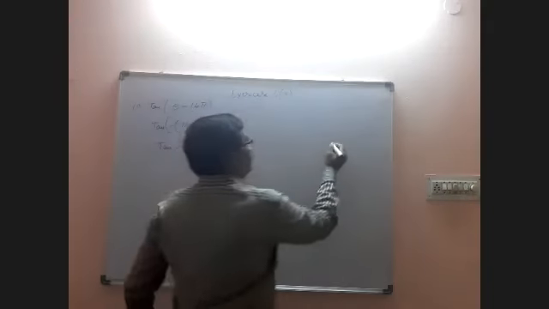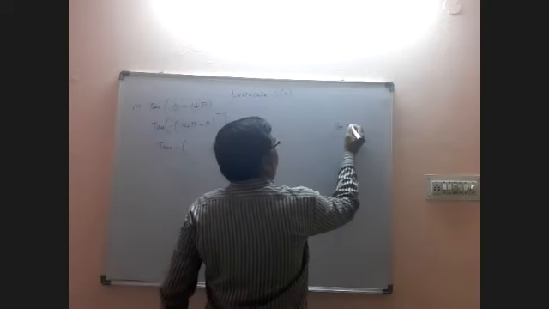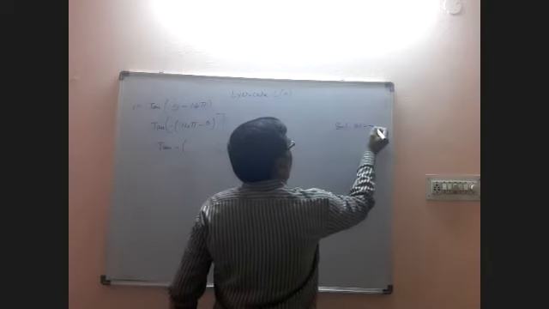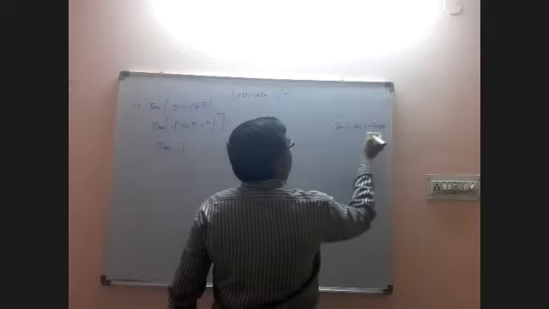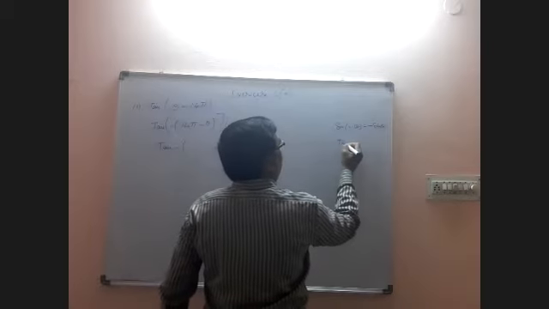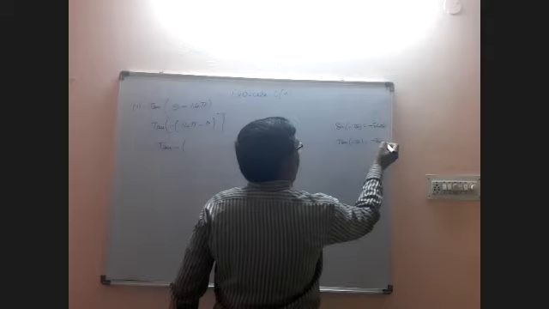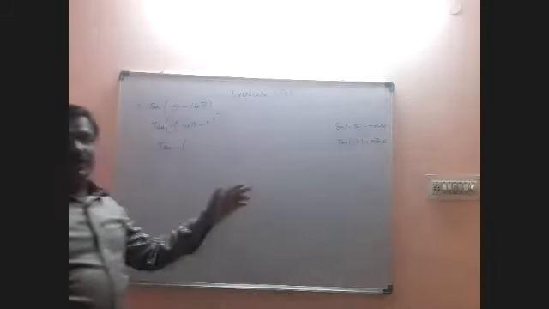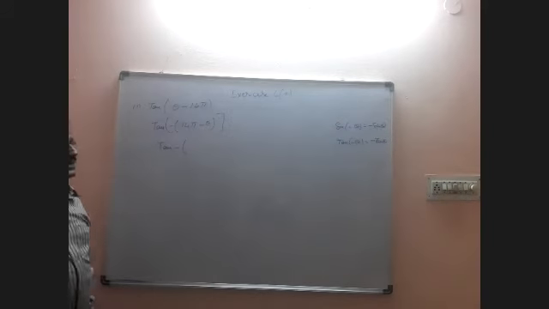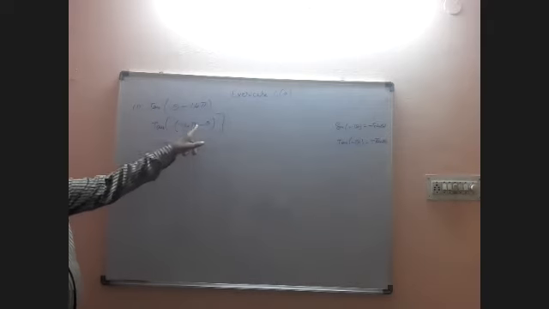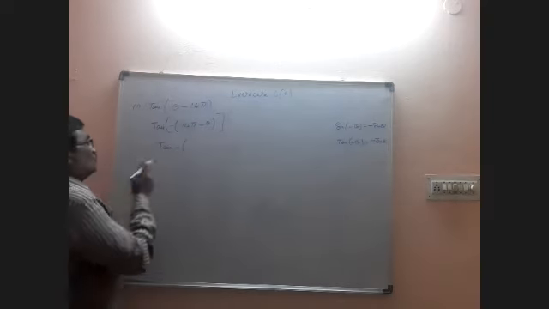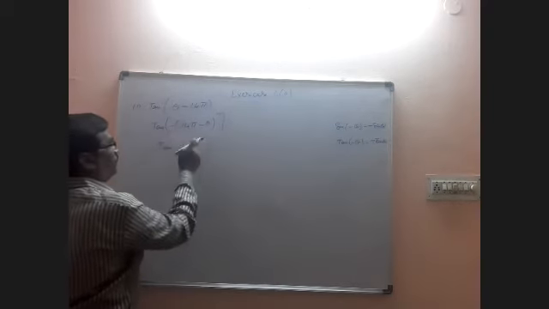For example, sin of minus theta, what can we write? Minus sin theta. In the same way, tan of minus theta is minus tan theta. You know that in 10th class. So here, tan of minus of minus theta, what can we write?